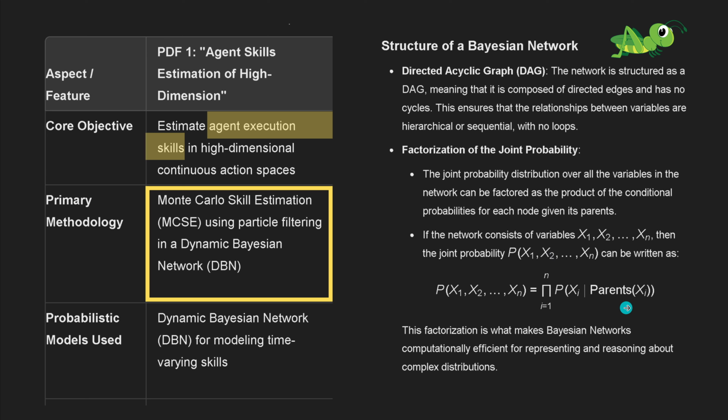But with this factorization taking place, a Bayesian network is computationally efficient for representing and reasoning about whatever happens in the future, about complex distributions of dependencies of the parameters of our system in a future development, how the future will roll out if we have new parameters, if we have a new dimension in our action space, if we have a new dimension in our decision complexity. So you understand, this factorization makes life easier to calculate this.